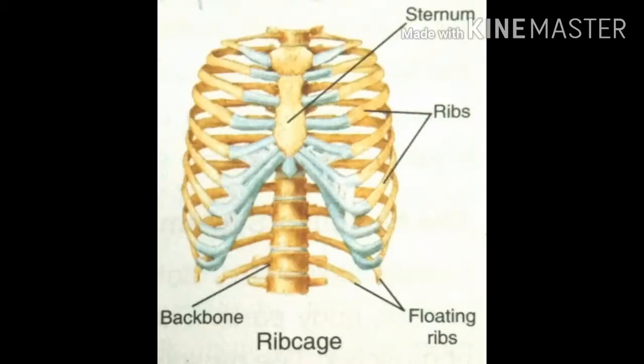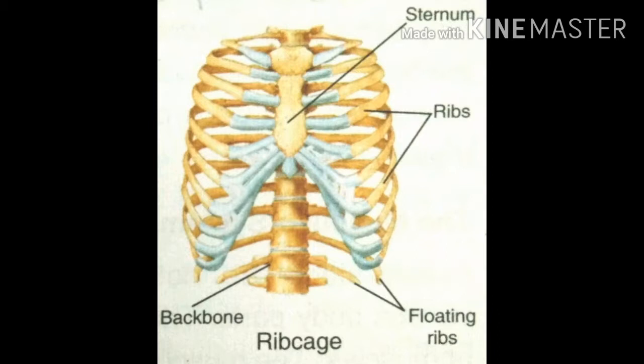Next we are going to see the rib cage. The rib cage is a cage-like structure that protects our heart and lungs. It has thin, long and curved bones located in our chest.